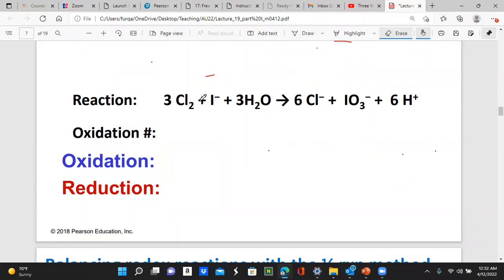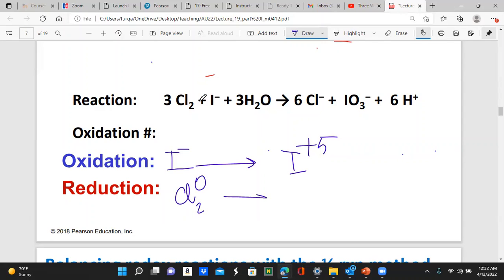And then we know that iodine goes into iodine +5, which is the loss of electron, and chlorine from 0 is going to go into chlorine -1, which is the gain of electron, and the reduction is the gain of electron. This is how we have split the chemical reaction into oxidation reaction and reduction reaction.